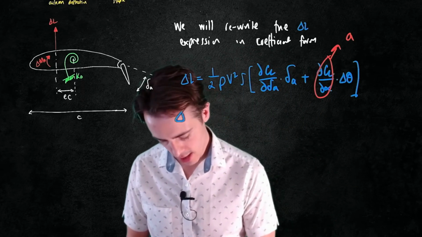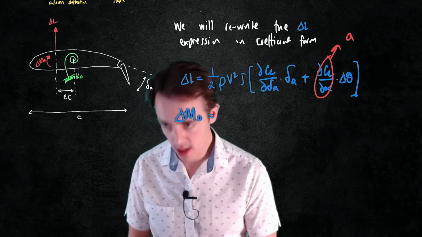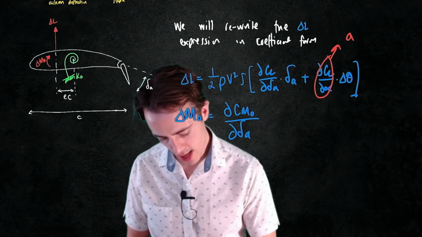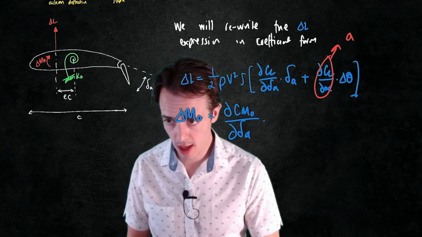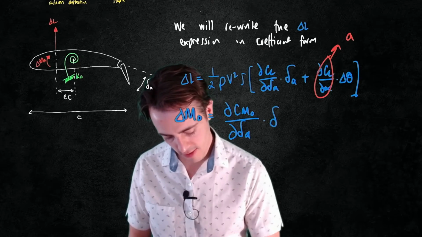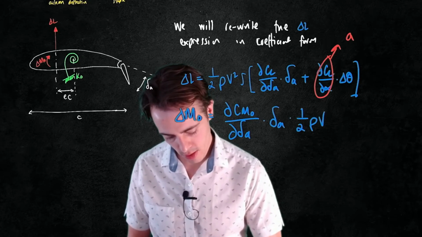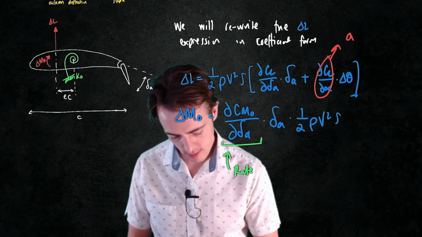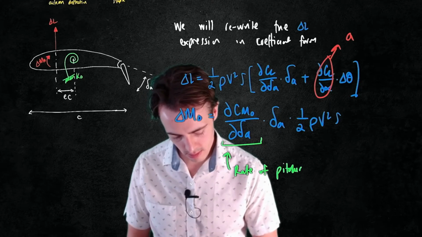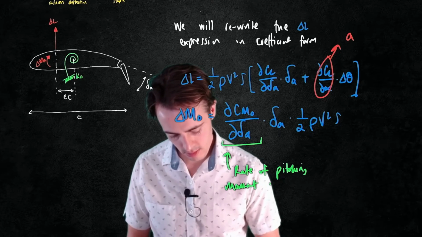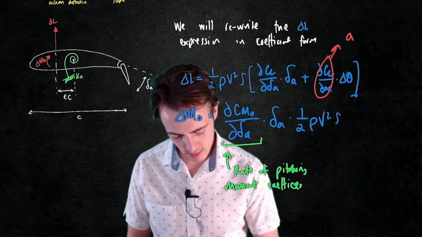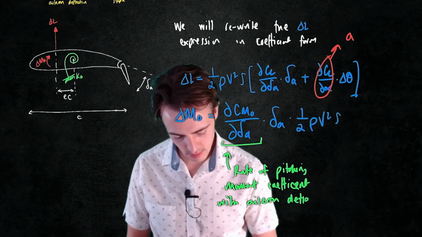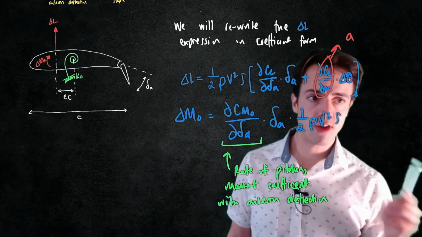So the additional moment is going to be, I'll put that expression first, dCM0 by d delta A, and then multiply that by the aileron deflection angle, multiplied by half rho V squared S. So we've got the rate of the pitching moment coefficient with the aileron deflection.